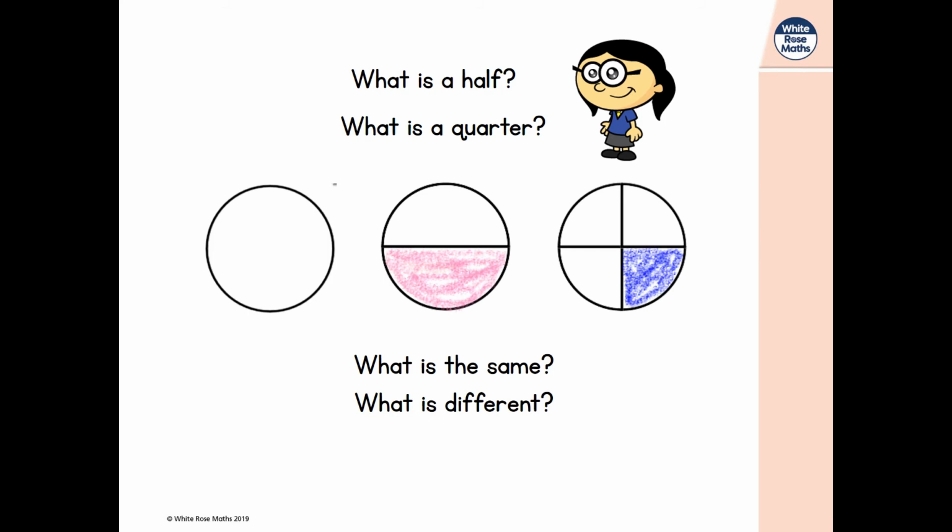So what's the same about all 3 circles? What's different? Well, they're all the same size circles, and some of them have similar lines. But what's different is, well, they used a different color crayon, but also the size. The size of 1/2 colored in is different than 1/4.